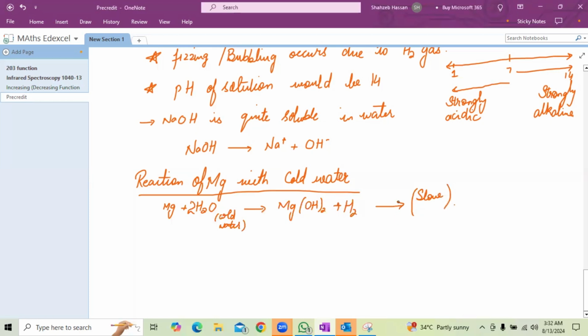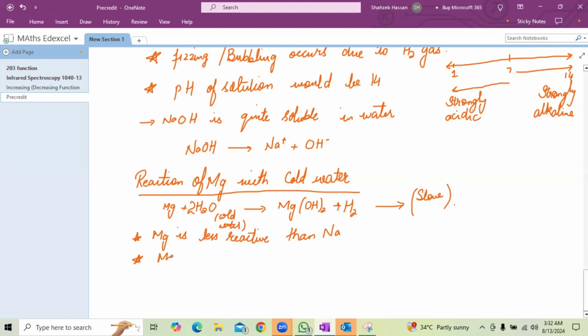The reason is that magnesium is less reactive than sodium, as Na reacts with cold water very fast. Magnesium is less reactive than sodium, so that is why sodium reacts very fast with cold water.